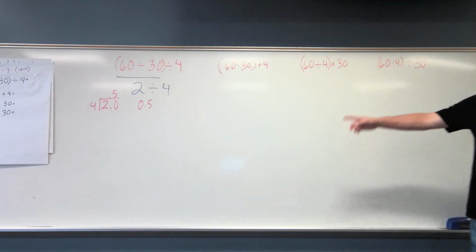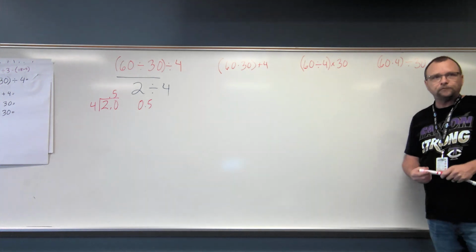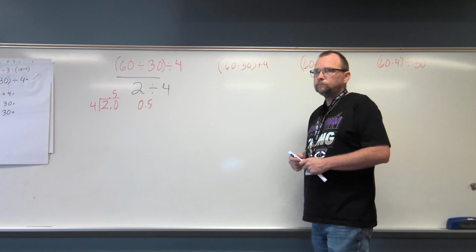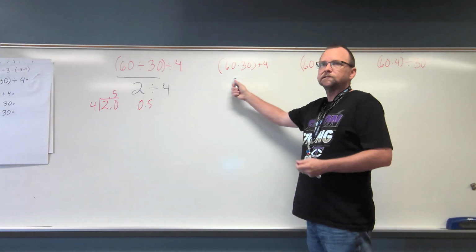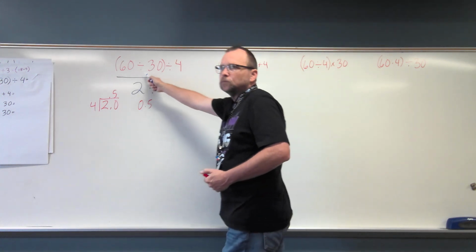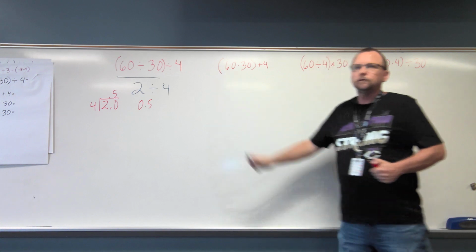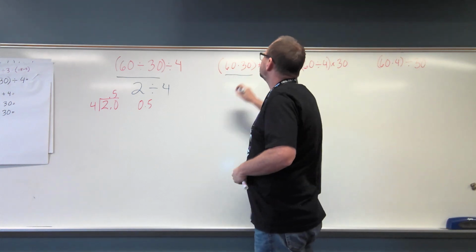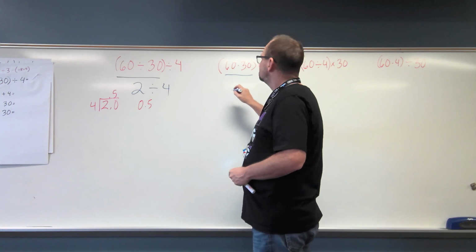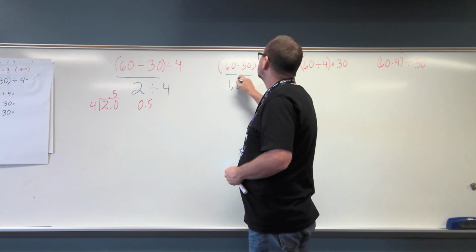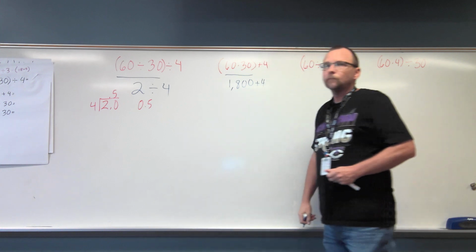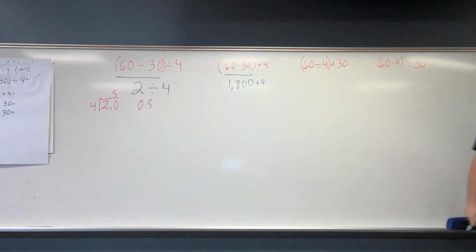Drea, let's look at the second one from the left. What do I do first? This one. The second one from the left. First one, second one. Good. You do 60 times 30. Which is what? 1,800.